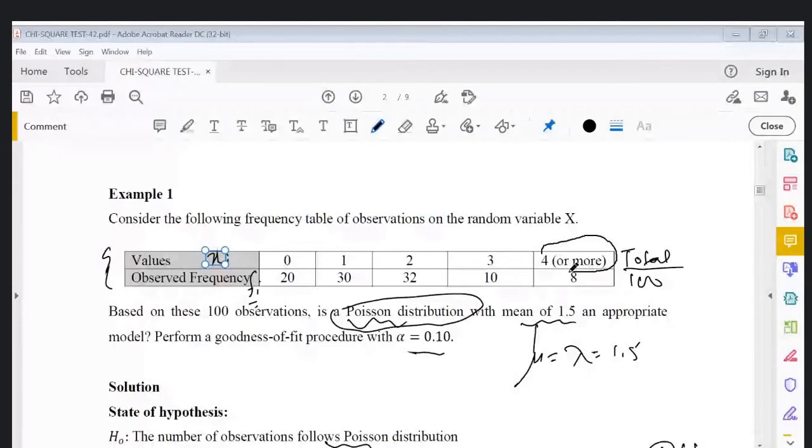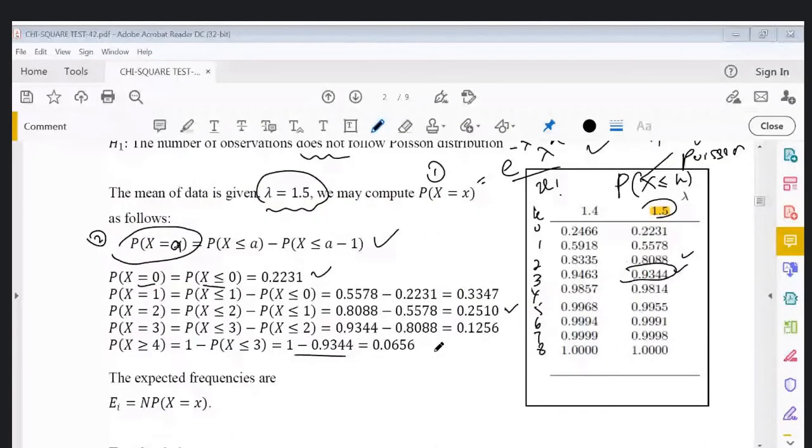It is 1 minus, look at 3, this one, 0.9344. You just take the value, and we can get the probability S greater or equal 4 is 0.0656.